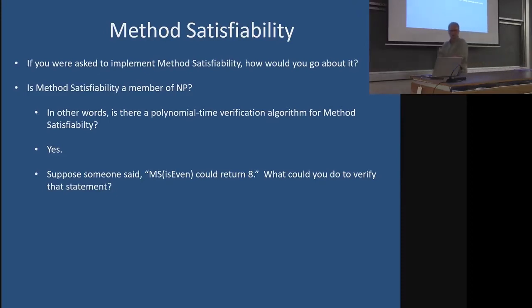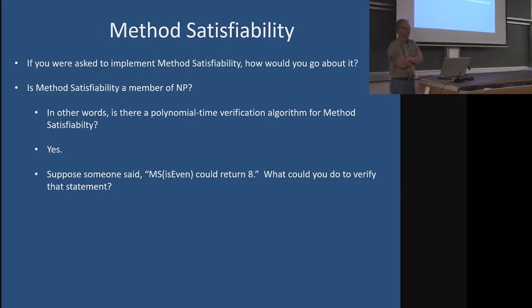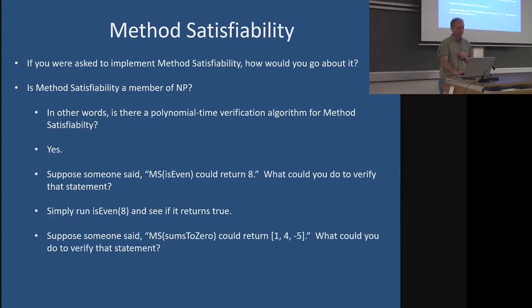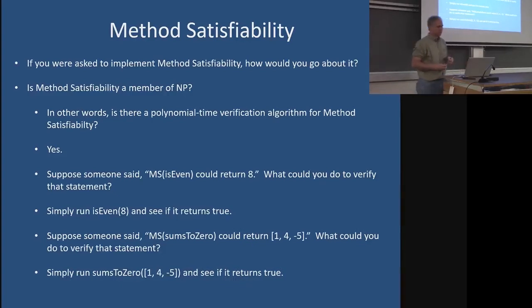We said up front that MS only works if the method you give as input to MS runs in polynomial time. Otherwise, all bets are off. So obviously, that constraint is there to make sure the verification algorithm will work in polynomial time. Good. So it's easy to verify. If someone stumbles on an answer, it's easy to verify.